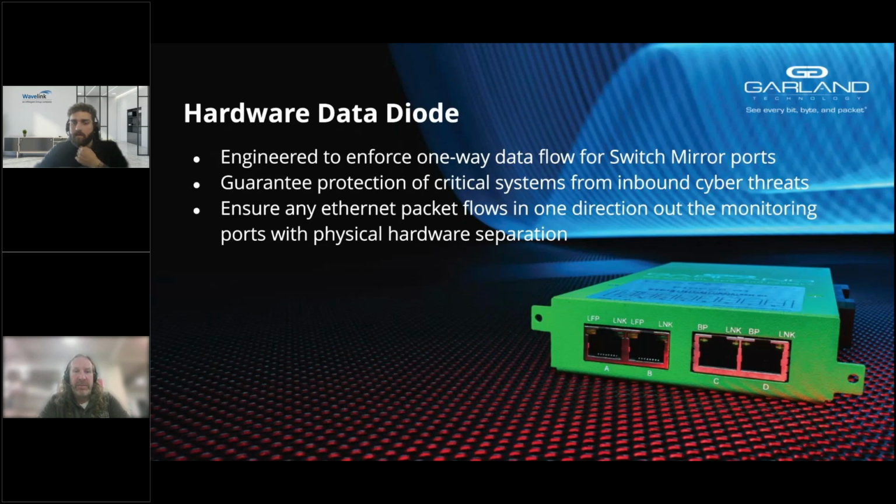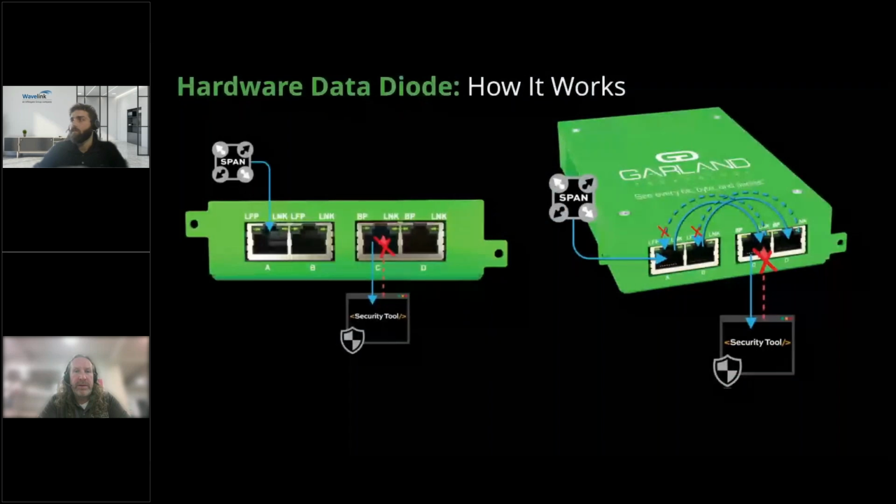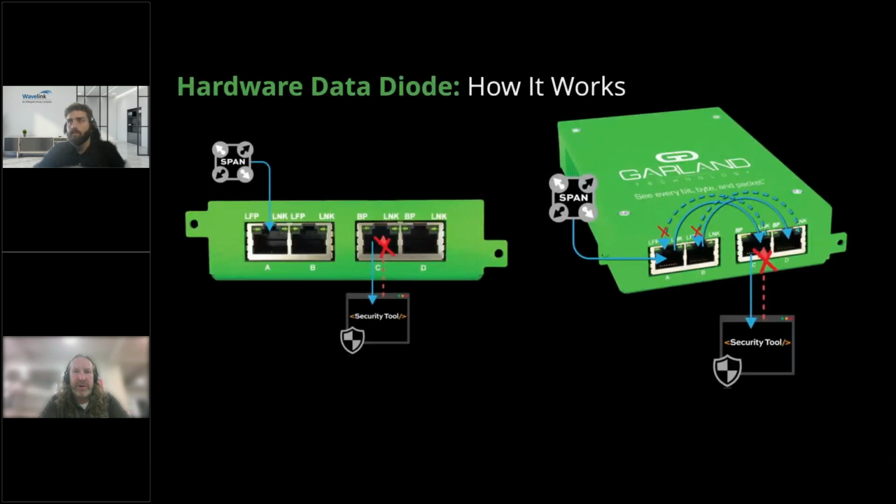So a very standard application that we see is with span and mirror ports, where you want to bring traffic in to the data diode, pass it through, and then not have any way to go in the reverse direction. As we show on the next slide, the diagram here is showing this as a graphical representation. You bring in a span port into the A port on the data diode, you pass it out the C port. We have no physical way to go in the reverse direction.